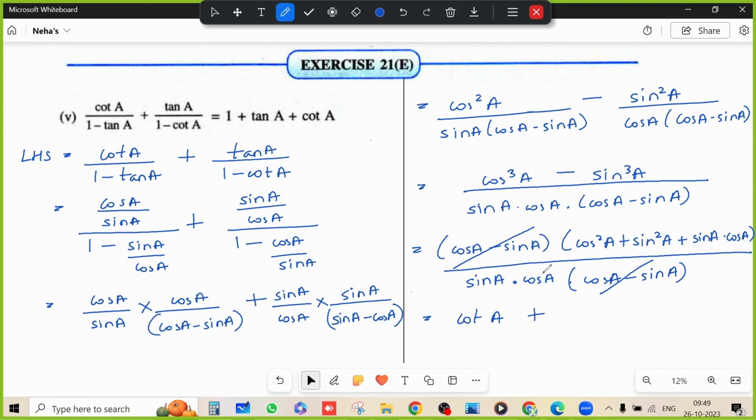We are left with sine A divided by cos A, which is equal to tan A, and sine A cos A will be divided by sine A cos A. So both the terms will get cancelled out, and we are left with 1.